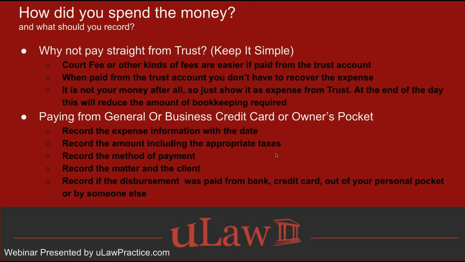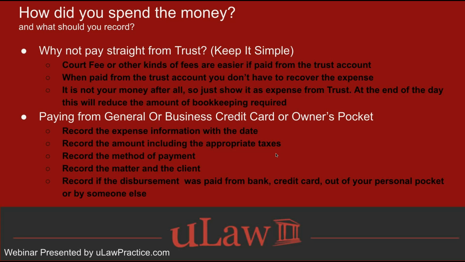Now, how do you spend the money? This is the most important part again. I know I'm going to say this is important for every other line probably in this webinar, but honestly, the preliminary steps are really very important to note, okay? Now, how do you spend the money and what should you record?